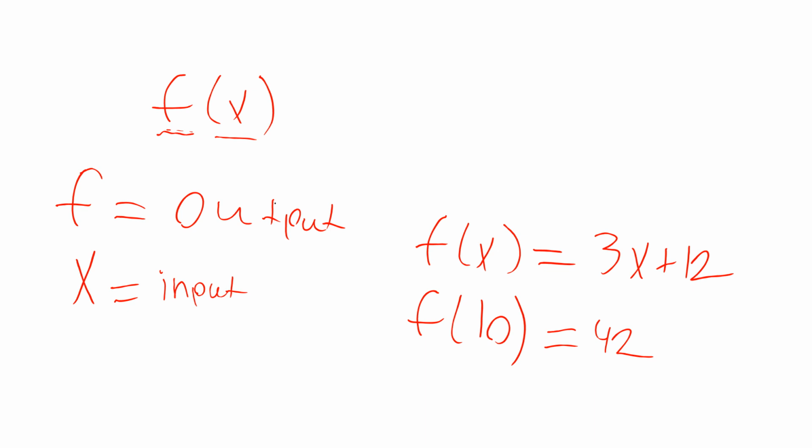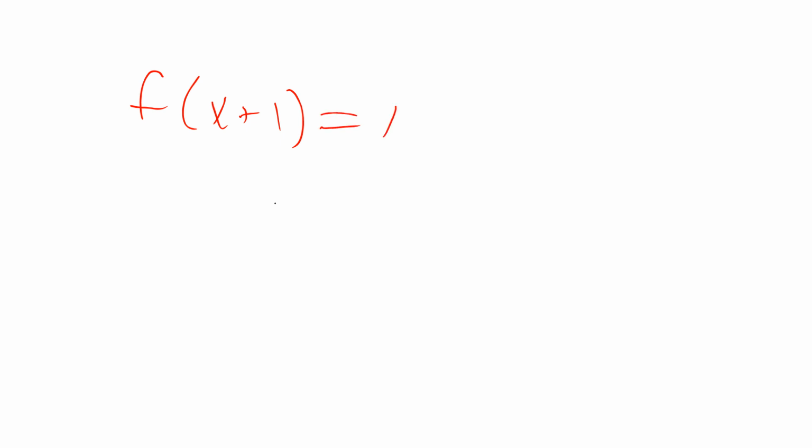That's functions, basics. All right, I'm going to try a couple of problem examples. So let's say someone gives you f of x plus 1 equal to x squared plus 6x squared plus x plus 3, and someone's asking you to find f of 4.